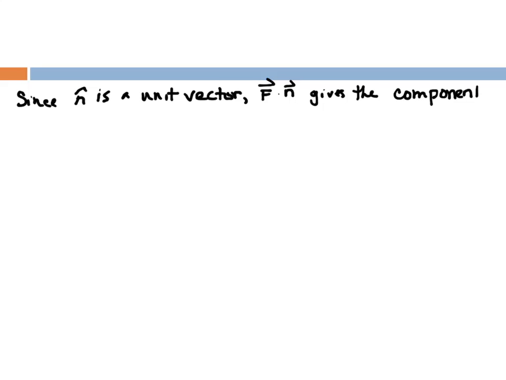Since n is a unit vector, when we take this dot product of F and n, this gives us the component of F in the direction of n. Some conceptual ideas of what this is doing.